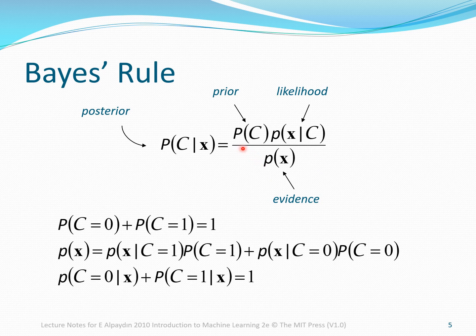The prior is P(C). Because of normalization by the evidence, the posterior sums up to 1, where P(C=0 | x) + P(C=1 | x) = 1.